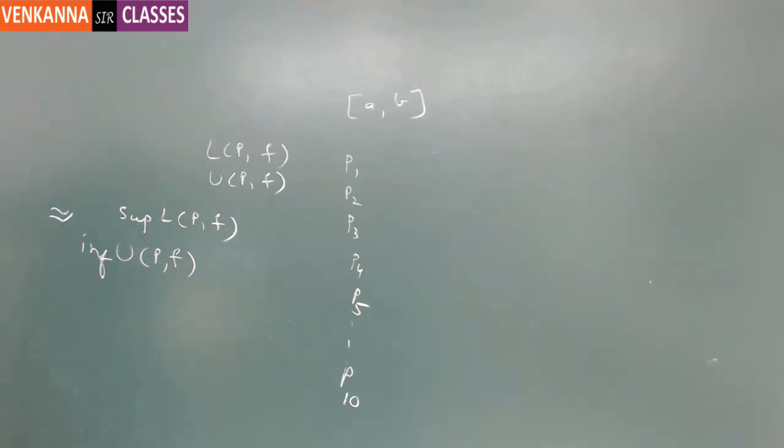So here infimum and supremum are nothing but, after calculating all the sums, from all lower sums you are taking the biggest, and from all upper sums you are taking the smallest among them. If they are equal, you are saying that the function is integrable. That was the idea. But the question is how many partitions you are going to choose, because there are so many ways to select a partition on an interval.